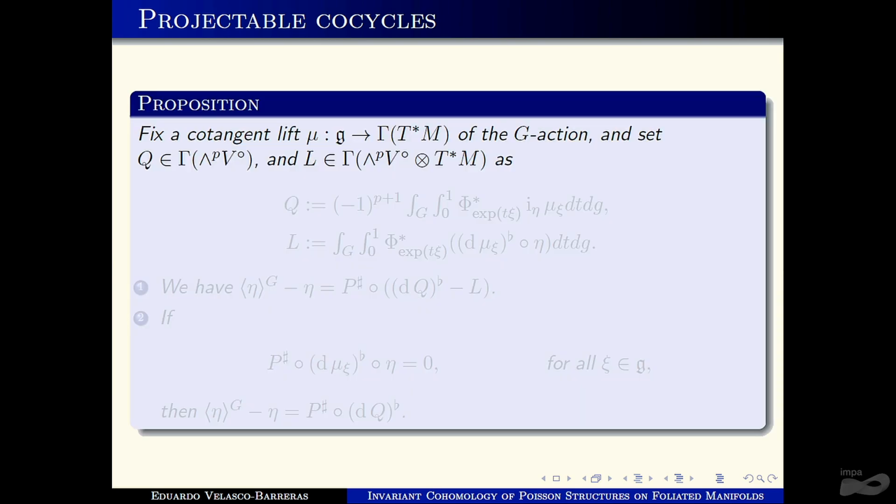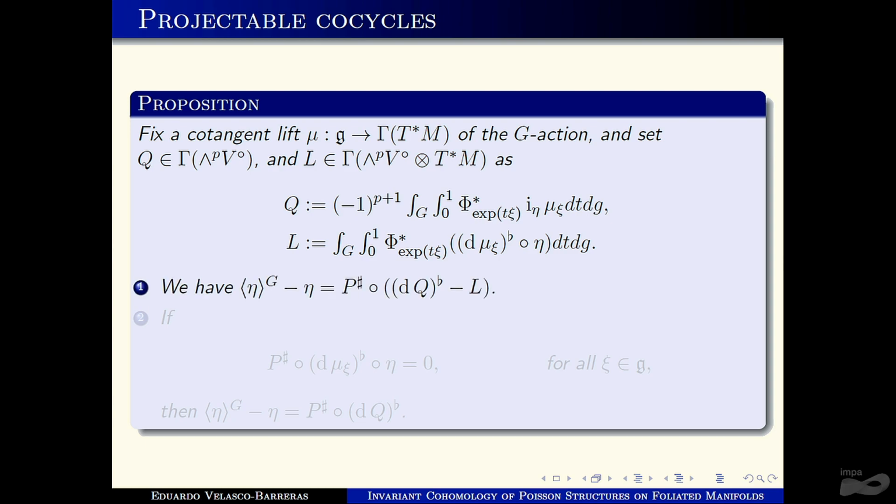So in general, if we fix a cotangent lift, and also remember that the cocycle is fixed, if we define Q and L by this pair of integrals in terms of mu and the cocycle, then the difference between the cocycle and the G average is expressed in this manner. So we almost have what we want.